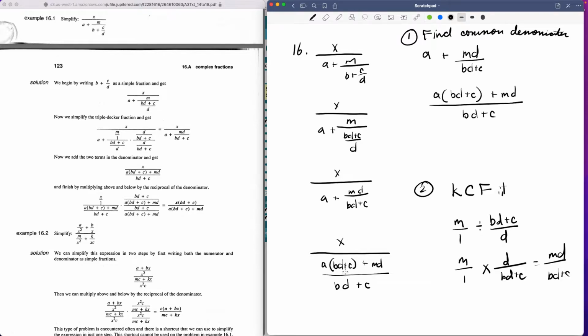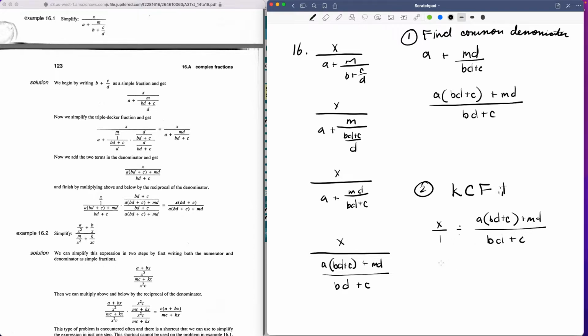So now we can keep it, change it, flip it. So I'm going to erase this one. And I'm going to write it x over 1, because this x is a number, divided by this fraction here, a times bd plus c plus md over bd plus c.